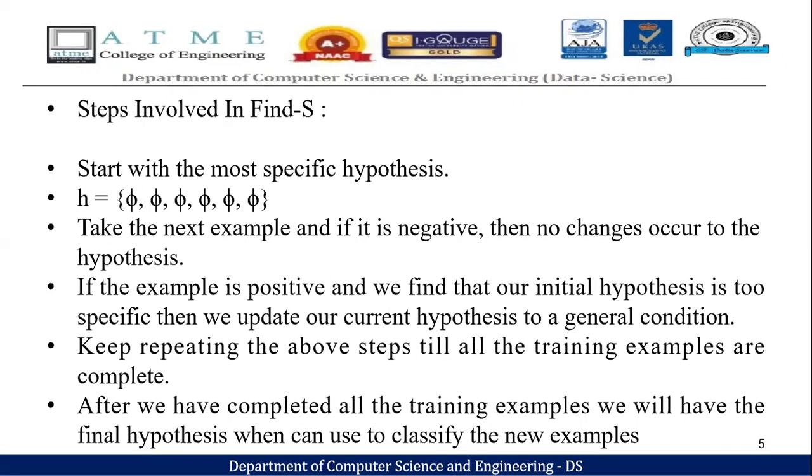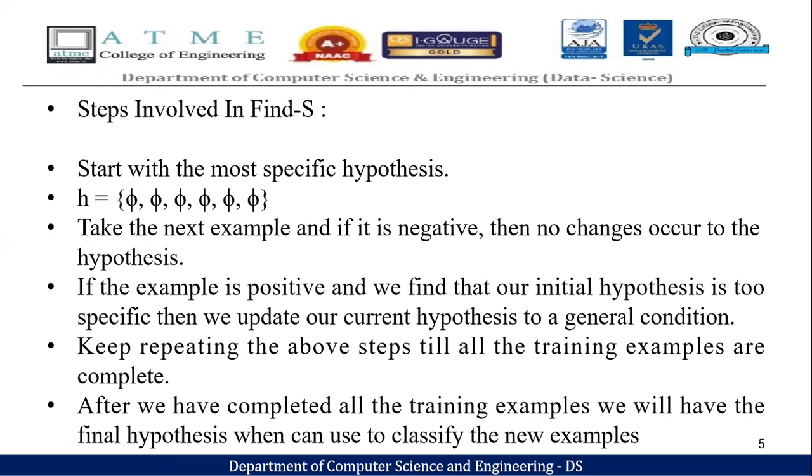What are the steps involved in the Find-S algorithm? As I told you, we first initialize the hypothesis with the most specific values, that is, all null values. To start with, the hypothesis looks like this.